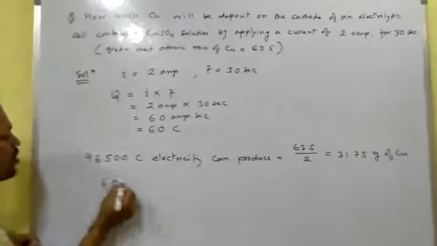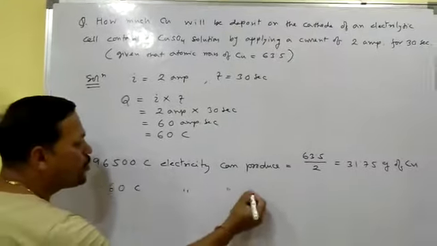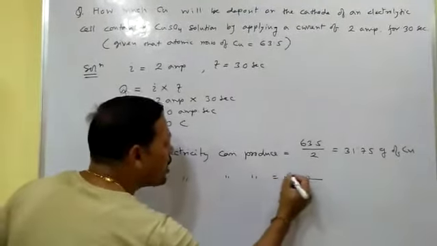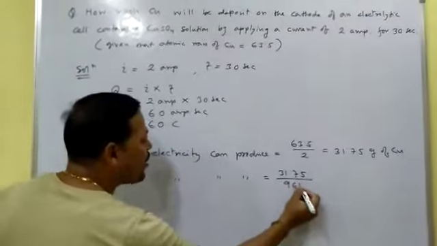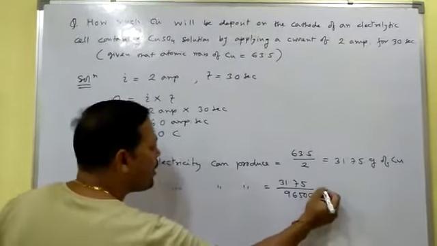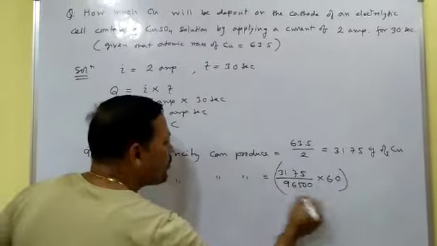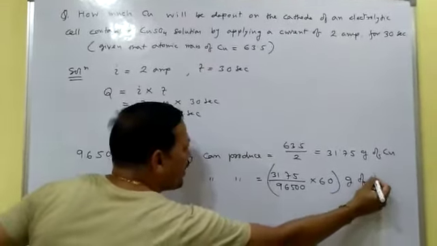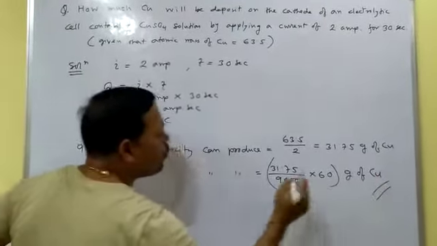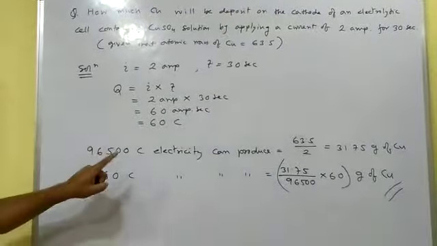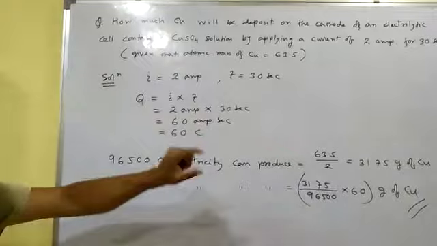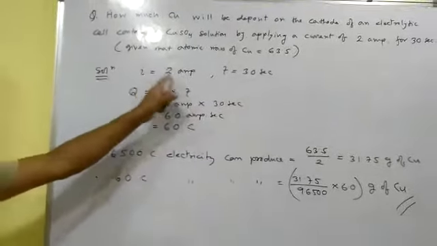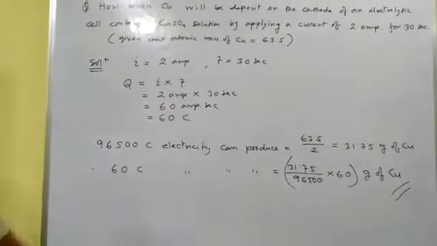Therefore, 60 Coulomb of electricity can produce 31.75 divided by 96500 Coulomb multiplied by 60. Just do that and you will get the amount of copper deposited. This is the way you can find how much copper will deposit when 2 ampere of current is passed for 30 seconds.